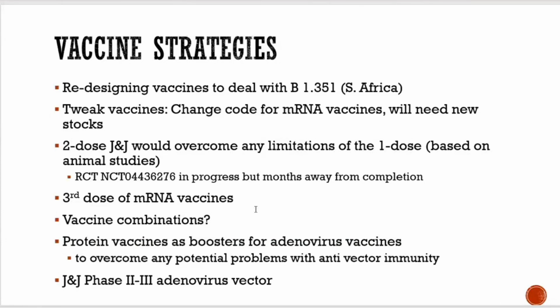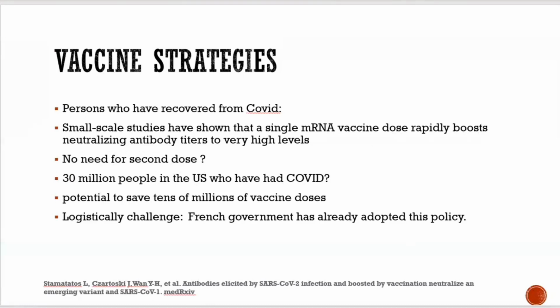There's also discussion about combining different vaccines, right? So if the 2-dose adenovirus vaccines are not getting to exactly where we want them to be, maybe combining a protein vaccine as a booster for an adenovirus vaccine or something along those lines, maybe in an attempt to overcome any potential problems with anti-vector immunity, right? And some of these are already ongoing, like I said.